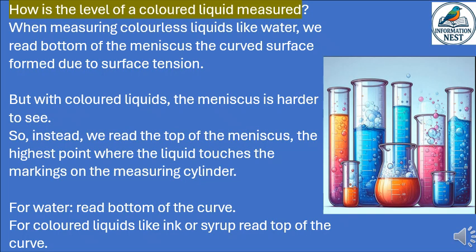Colored liquids, top of the curve, color cap. This difference in reading technique helps avoid errors and ensures your measurements are spot on, whether you're mixing chemicals or measuring cough syrup. So remember, water smiles from below, color stands tall at the top. Measure smart, measure sharp.